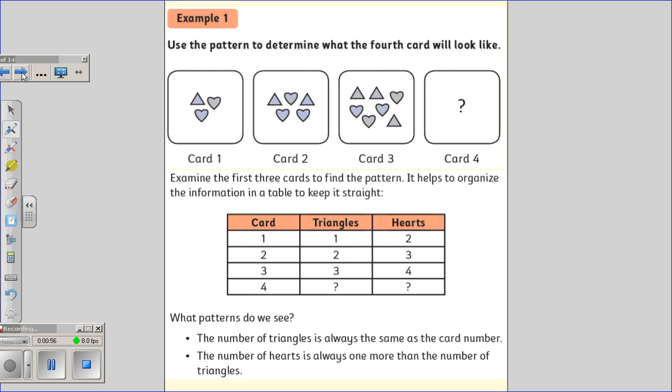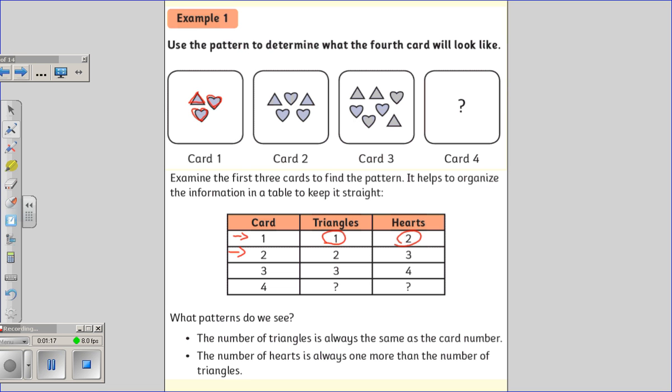Card 1. Card 1 has 1 triangle and 2 hearts. Card 2.